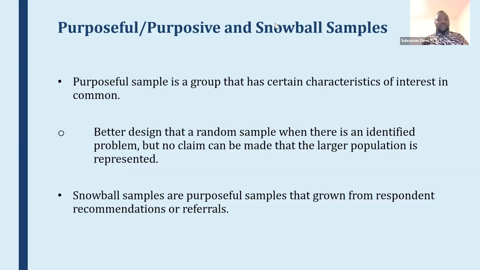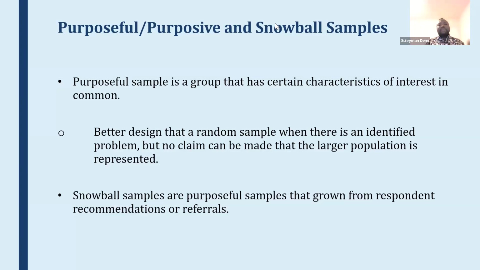You interview the individual, then you ask the individual to introduce another person that may possess the same information. Normally, this type of sampling is done when the population is not open. That's how you'll be able to get, especially when you have difficulty identifying the group that possesses the characteristics that you have.